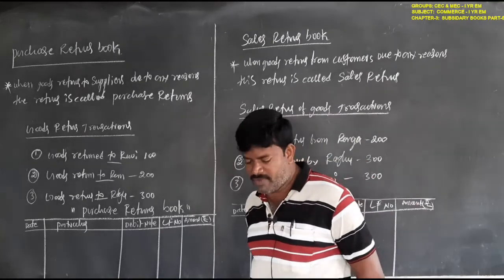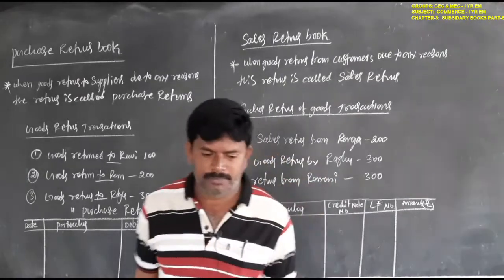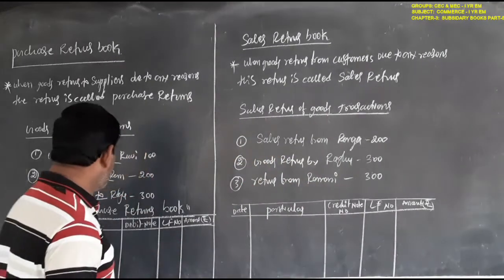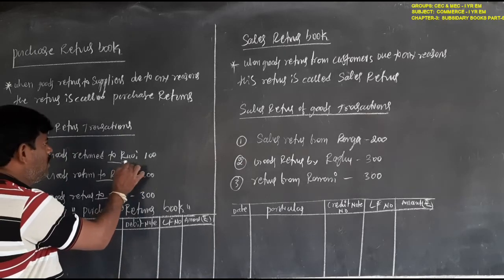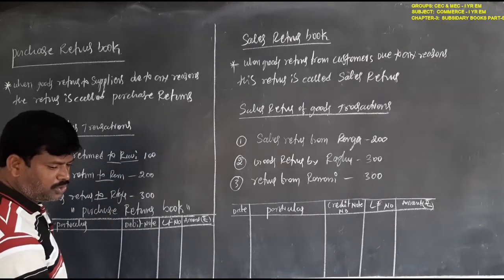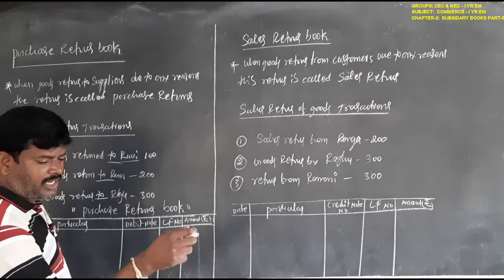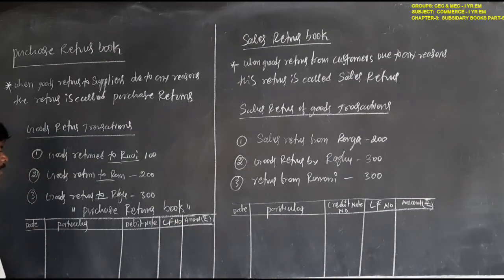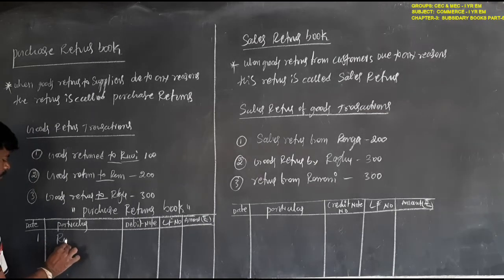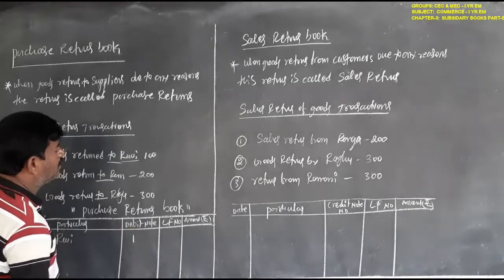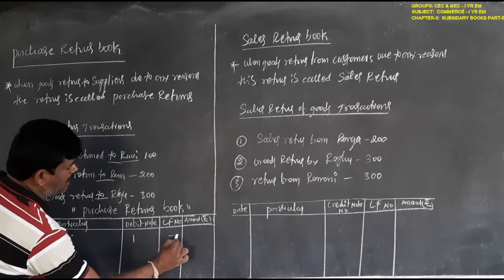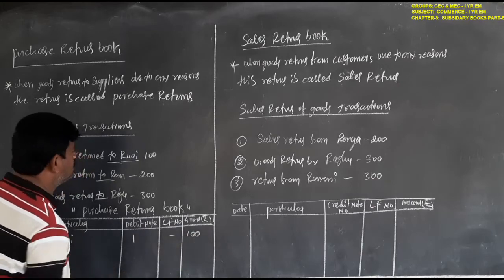And see one by one what transactions will be recorded in this book. Return to whom, the person's name will be recorded in the purchase returns book in a particular column. First one, Ravi, debit note 1, amount is 100 rupees.